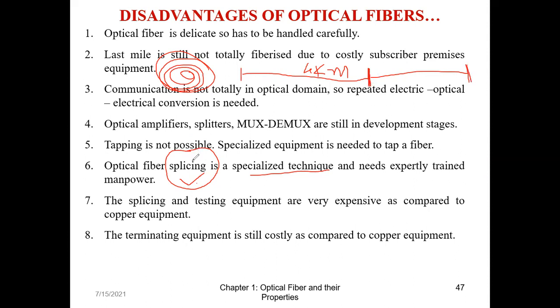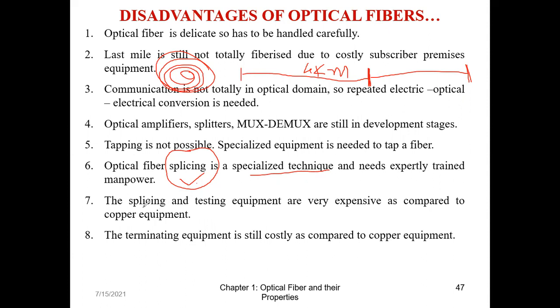So that loss has to be minimum. Since finally we are joining two glass ends, if even a little impurity comes in, there will be loss of signal. That's why optical fiber splicing is a specialized technique, not everyone can do it. So that is one of the disadvantages.